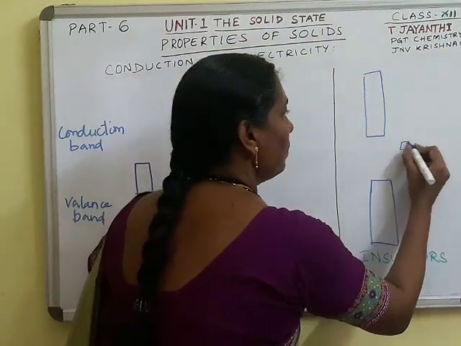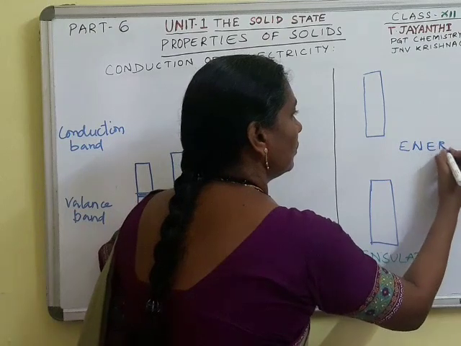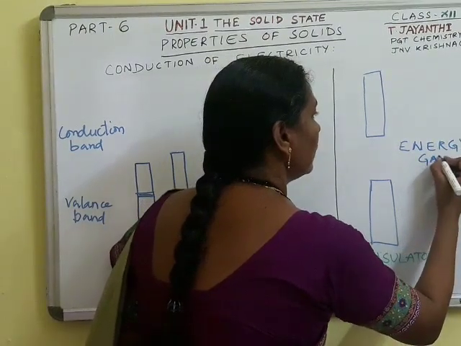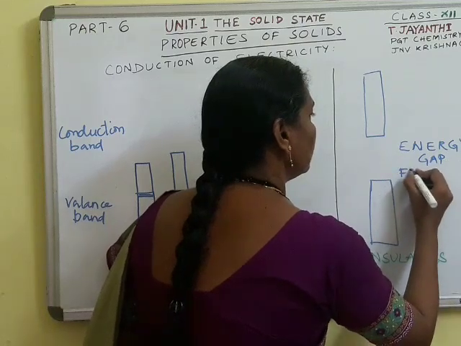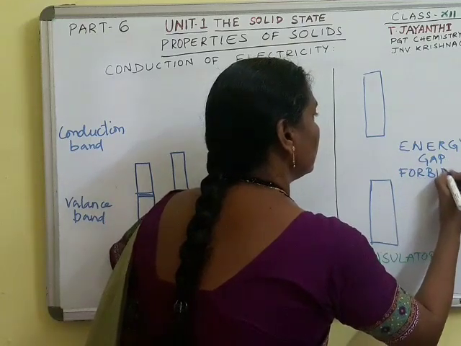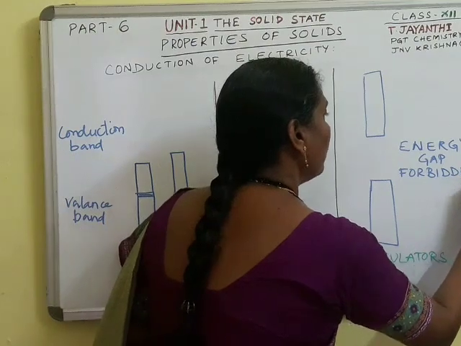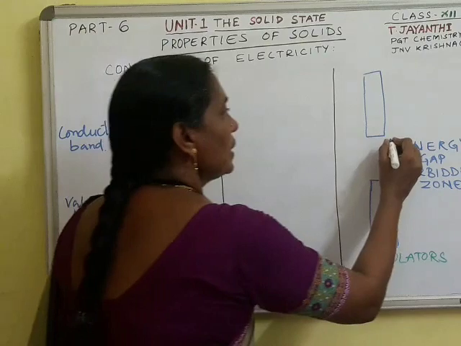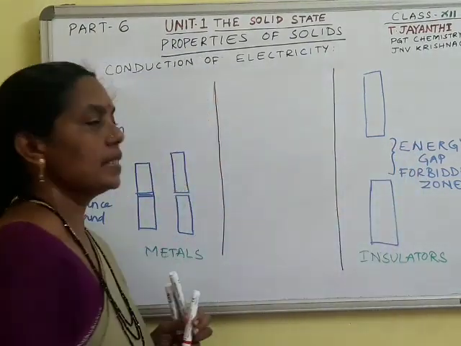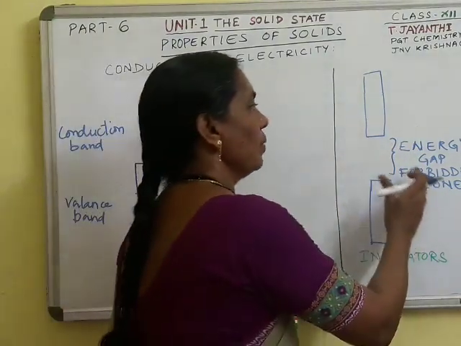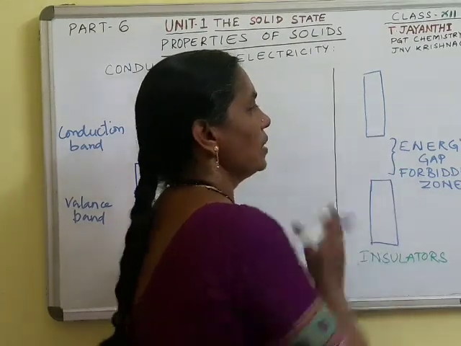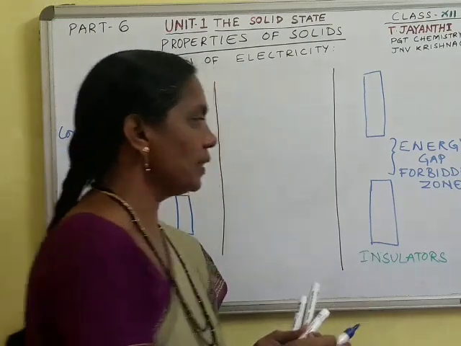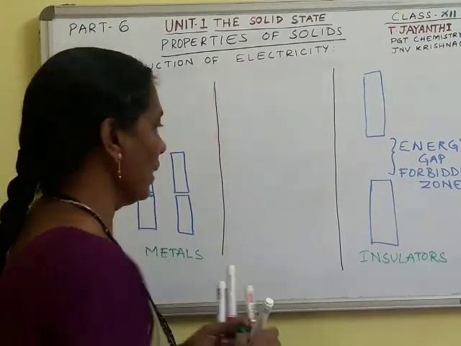This energy gap is very high, which is called the forbidden zone, due to which the electrons cannot get excited to the conduction band. That is why insulators are bad conductors of electricity.